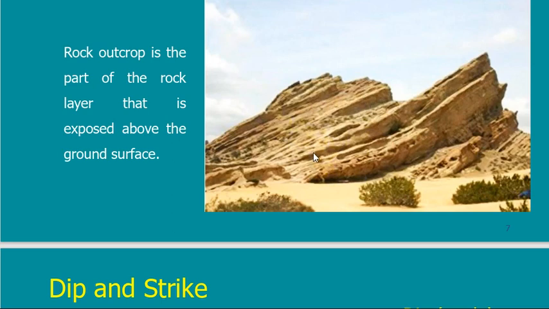What is this? These are layers of rock. These layers of rock are inclined. What happened to them? They were below the ground. They may be kilometers below the ground. But with time, these layers were ejected on top of the earth. Why? Because of some kind of forces below.